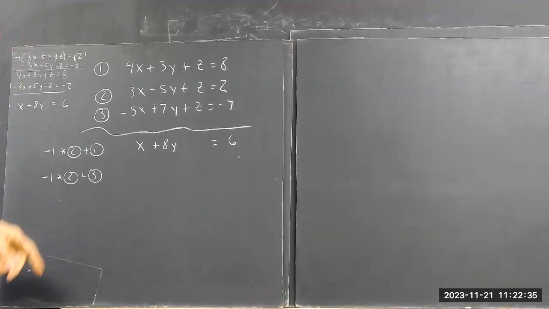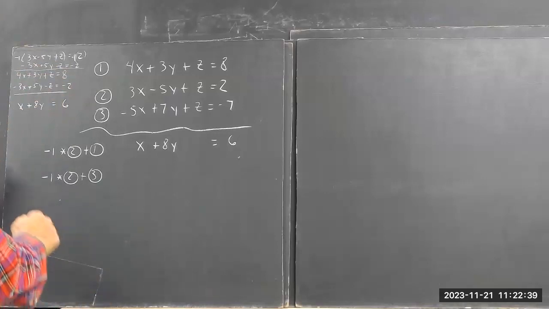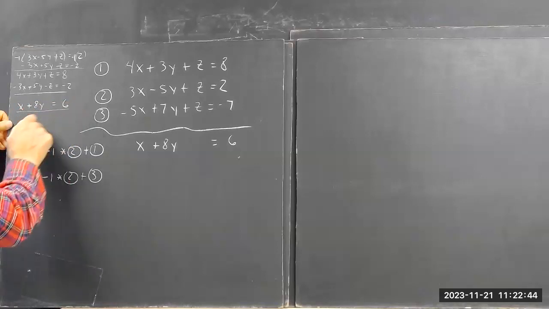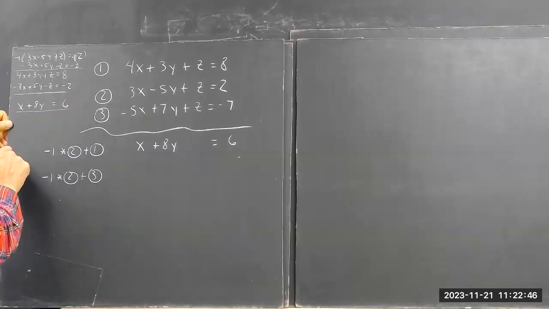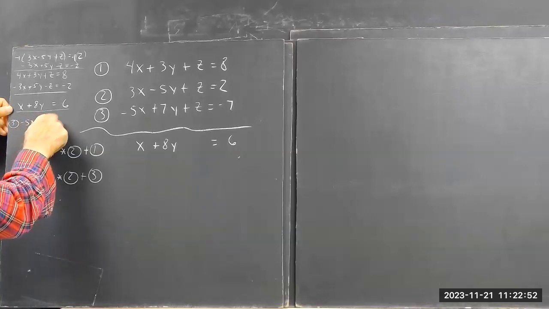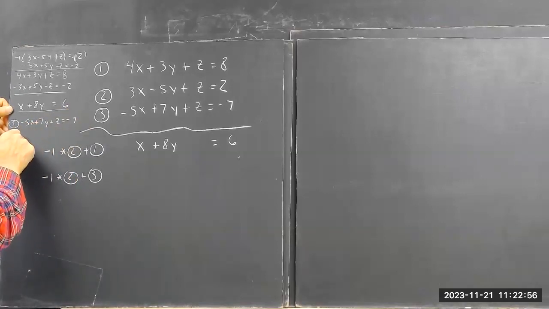Now I've already got -1 times the second equation sitting right here. So I kind of jot it down over to the left here. I do the third equation, -5x plus 7y plus z equals -7. -1 times the second equation.